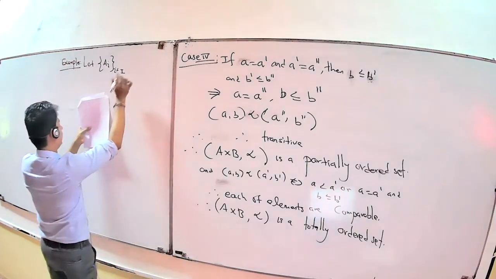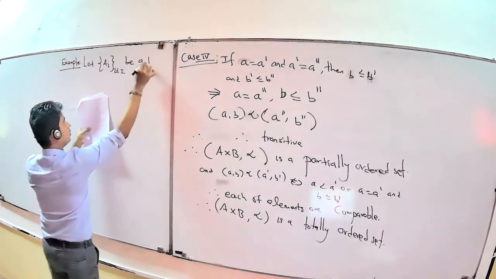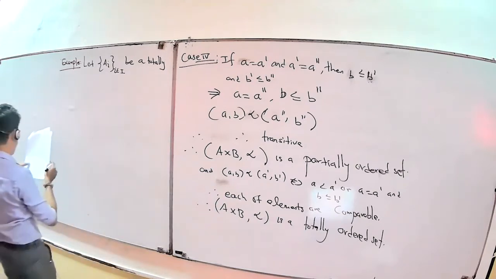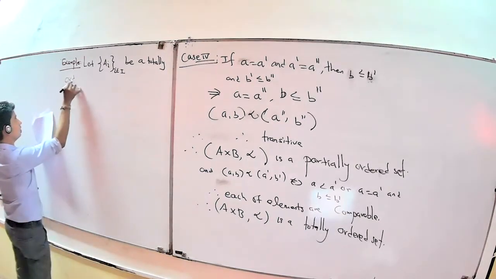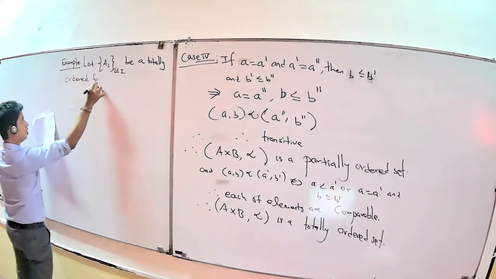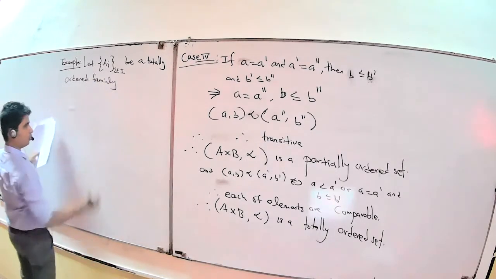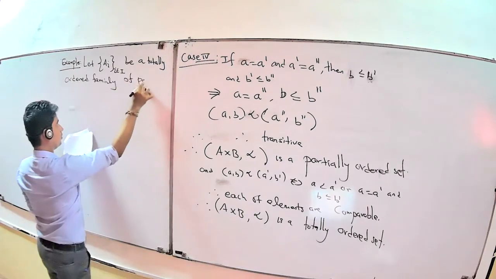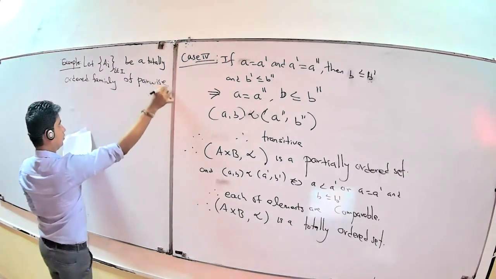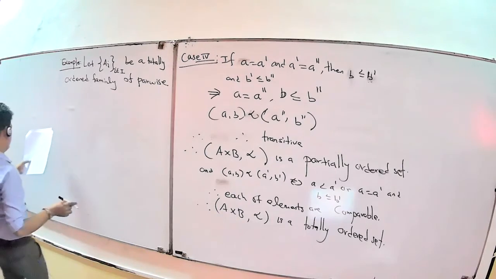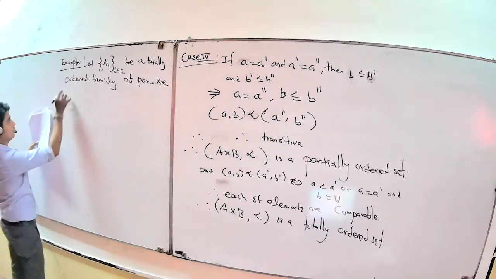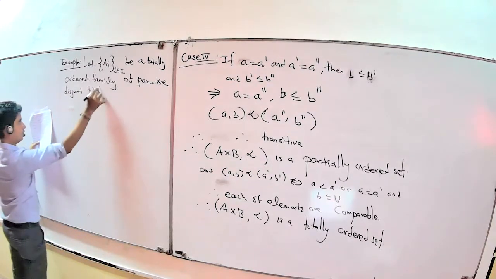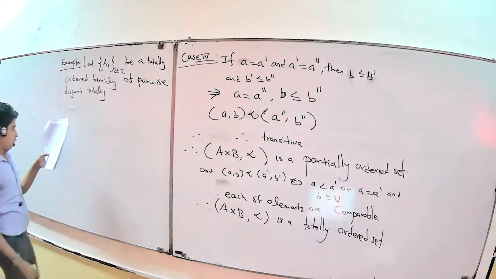Let A_i be a totally ordered family of pairwise disjoint totally ordered sets.